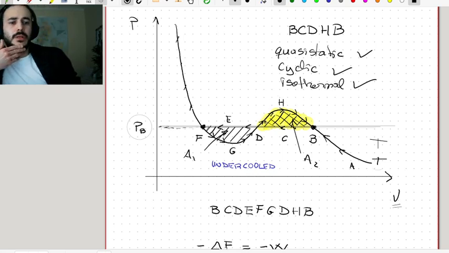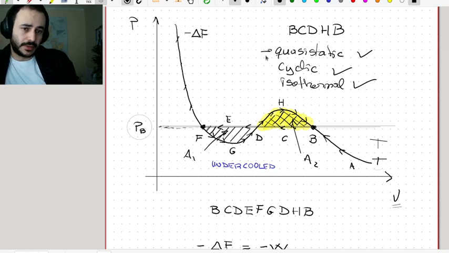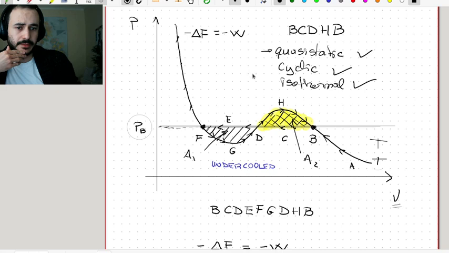So in this case, I know on the one hand that the difference in free energy should give me, because we're dealing with a quasi-static process, at most the work done by the system. And I know that my process is enclosing a positive area in the VP representation.